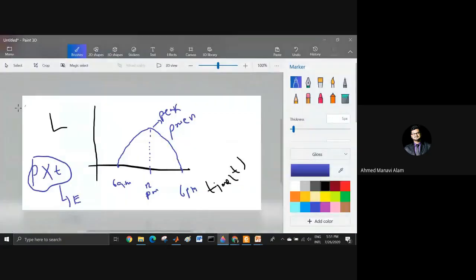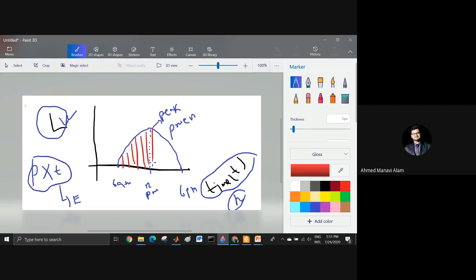You see the solar insolation is on the y-axis and time is on the x-axis. Suppose the time is taken in hours. So if you multiply this insolation with respect to time, then you get the area underneath it.